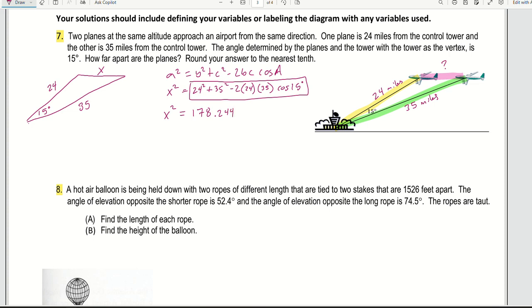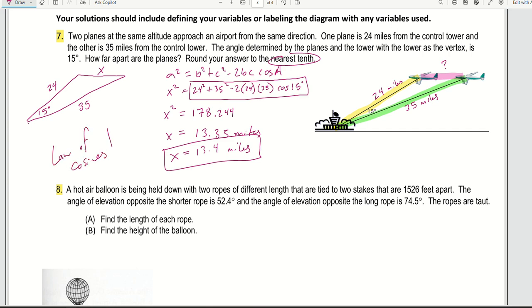I'm just going to go ahead and take the square root of that previous answer, and I should get x is equal to 13.35 miles. Rounding to the nearest tenth, 13.4 miles. That's how far apart the planes are, using the law of cosines.